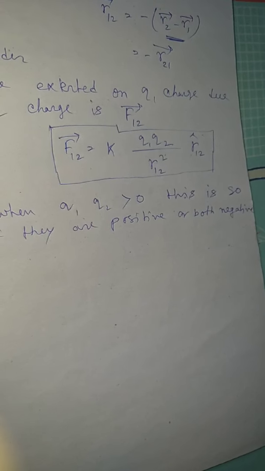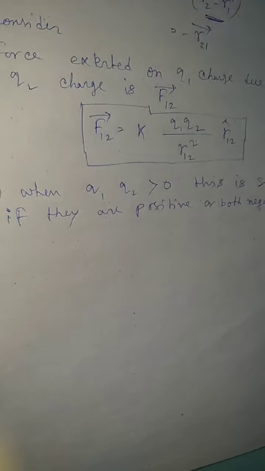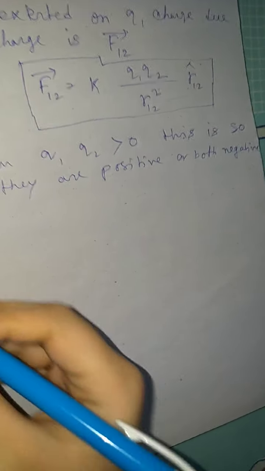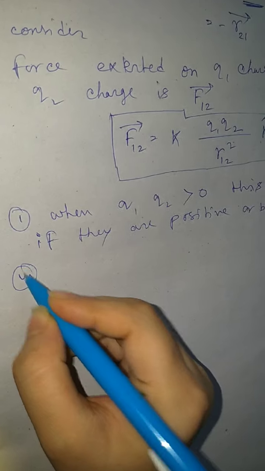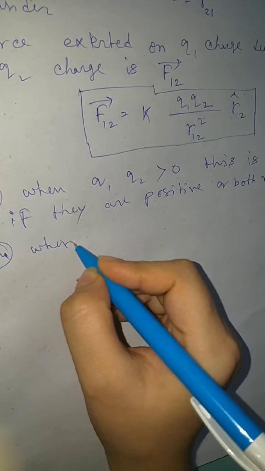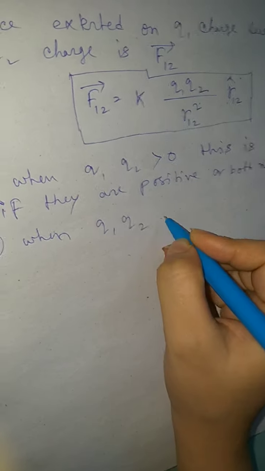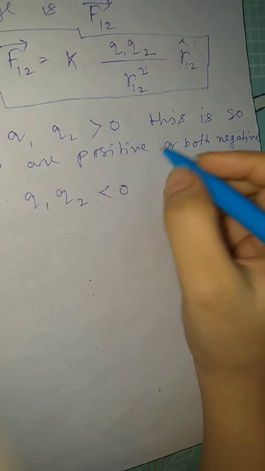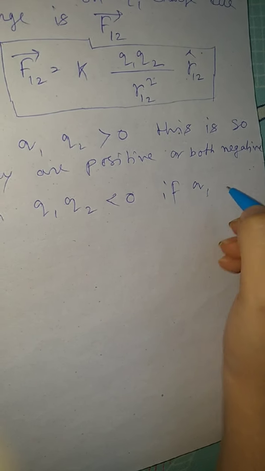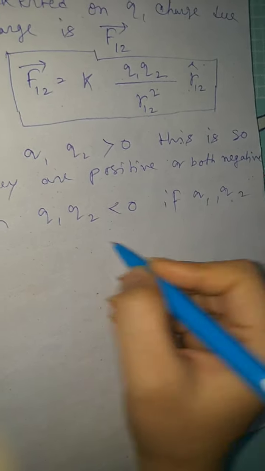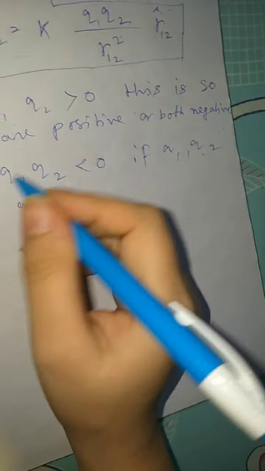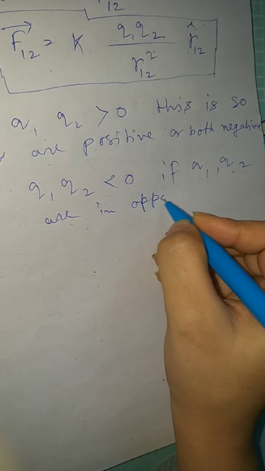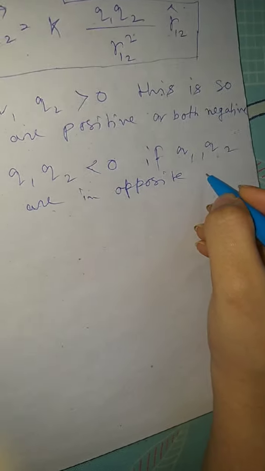If both charges are like charges, then always the product of two charges is greater than 0. But when Q1 into Q2 is less than 0, that means the product of two charges is less than 0, if Q1 and Q2 are of opposite sign.